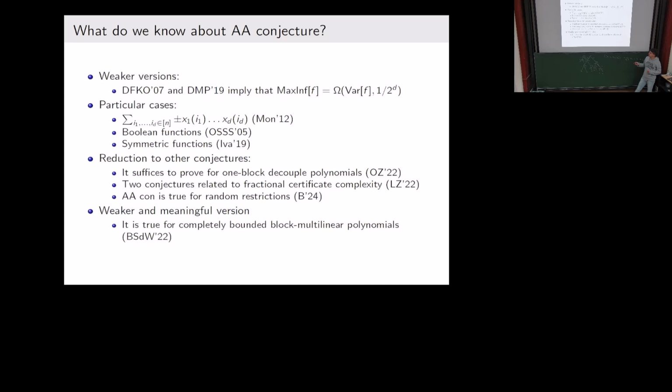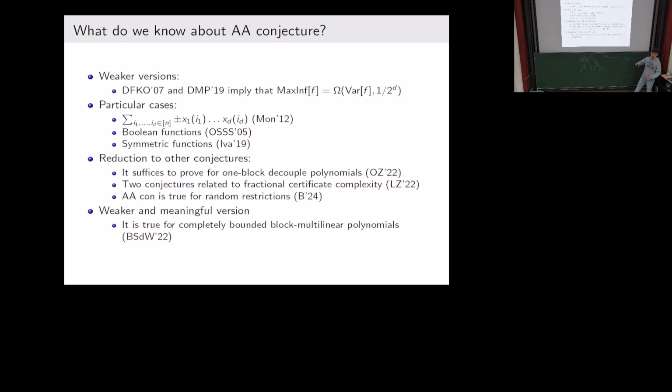This was a previous work, and my work is a follow-up to it. These kinds of polynomials are still relevant because, as we are going to see, quantum algorithms not only output polynomials that are bounded in the infinity norm, but they are completely bounded in some sense.